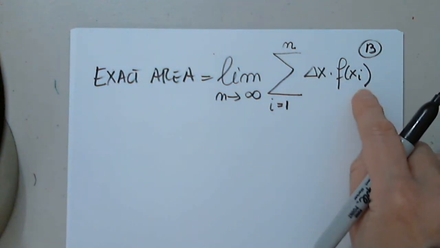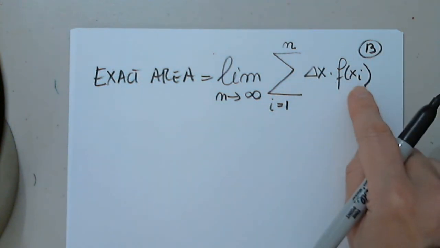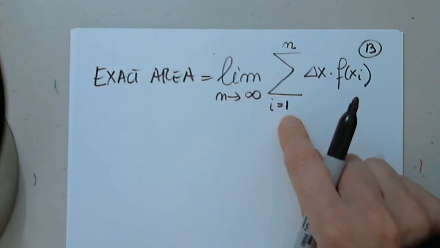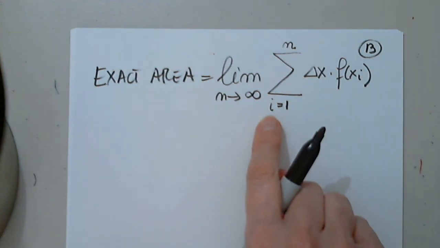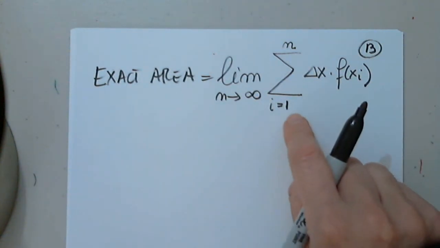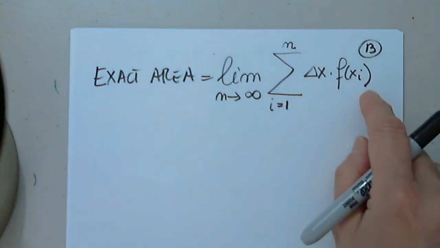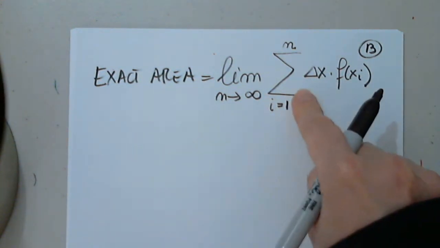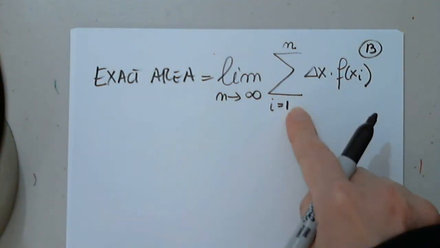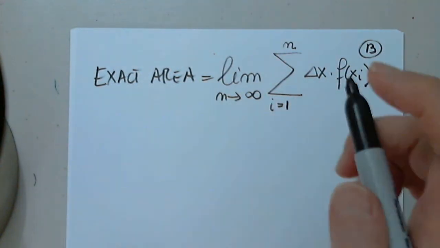When i is 1, delta x times f of x1. When i is 2, that's why I cannot use x here for the index, ever. When i is 2, plus delta x f of x2. When i is 3, plus delta x, base times height, plus base times height, plus base times height, plus base times height. And that's the sum.